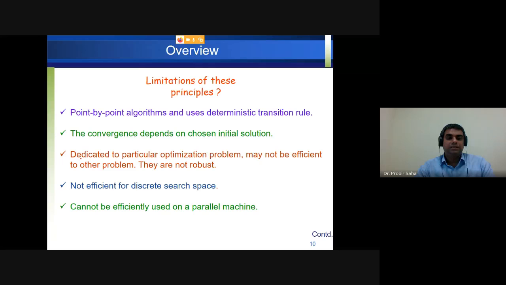Then the third one, which is also important, is that some of the optimization tools are actually developed by solving some typical problems. So when the problem statement changes, that technique may not work. That means the techniques are not very general, they're not very robust. So that is another problem.